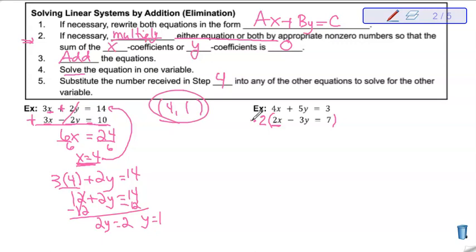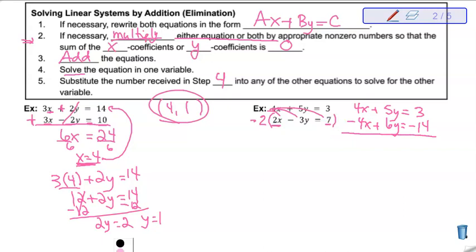Okay? So I'm going to keep that 4x plus 5y equals 3 steady. Then I'm going to distribute this negative 2 to each one of those as negative 4x plus 6y equals negative 14. The common mistake is that you forget to multiply the end number by that number out front.